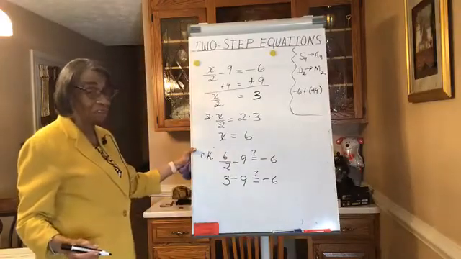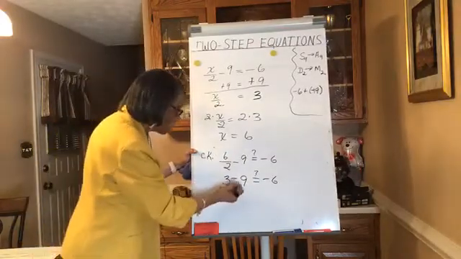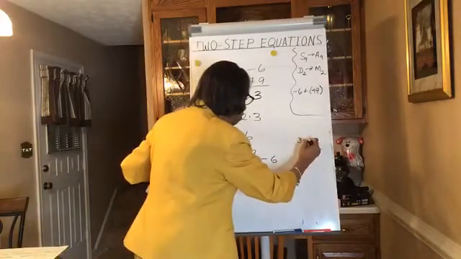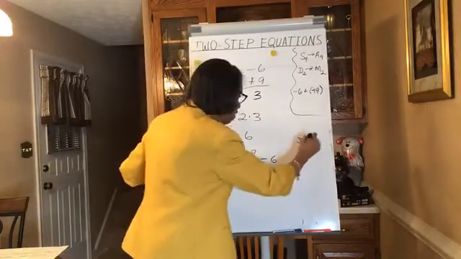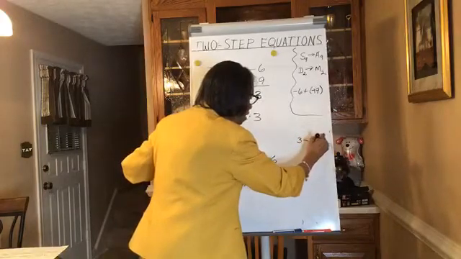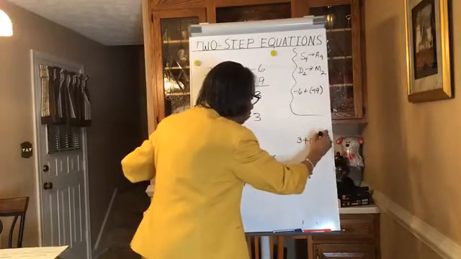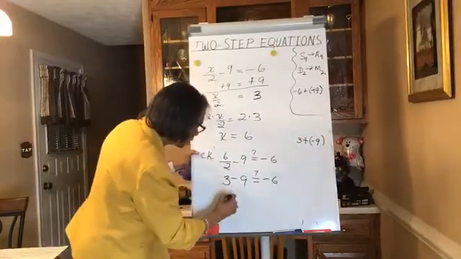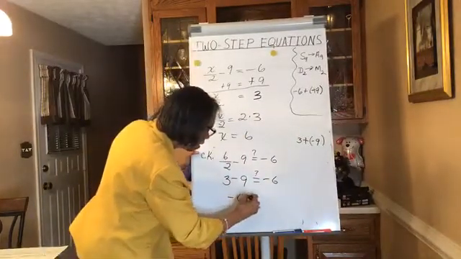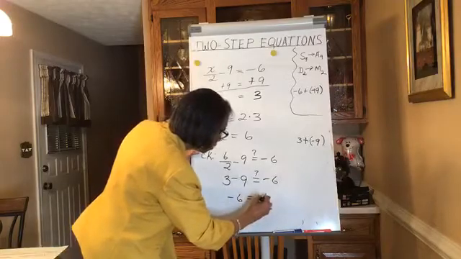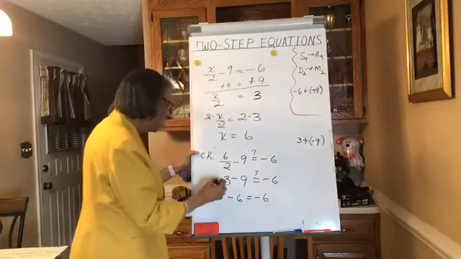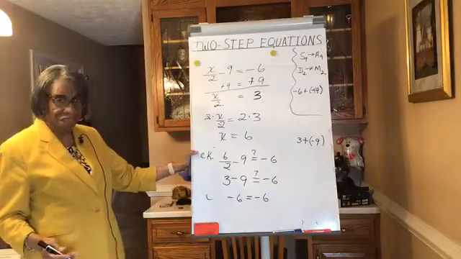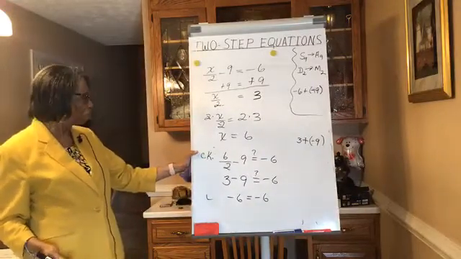We're seeing if it's correct. So 3 minus 9 means 3 minus the opposite of 9, which is negative 9. 3 plus negative 9. And that's negative what? 6. Negative 6 equals negative 6. So it is correct, and the solution is x equals 6.